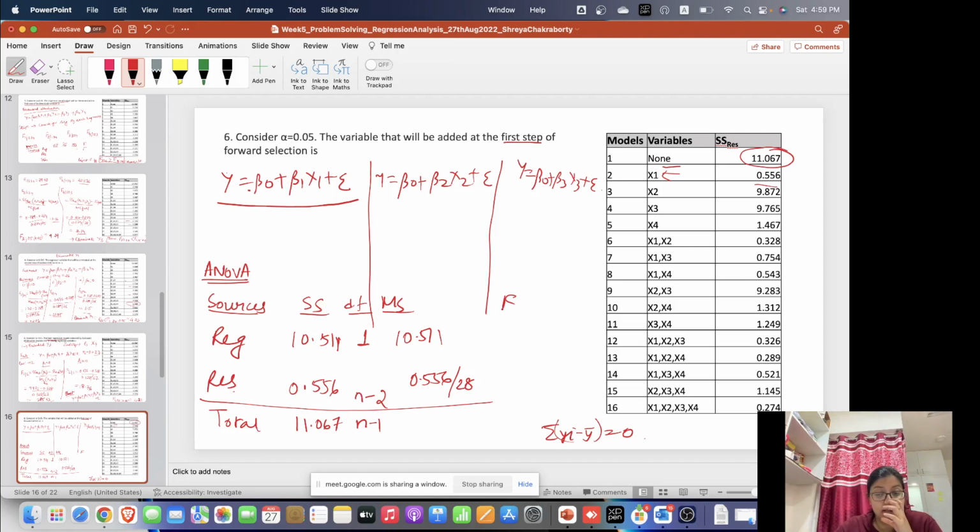Okay, and then this value would be 10.511 by 0.556 by 28. This would come to something around 529.33. Write it clearly here.